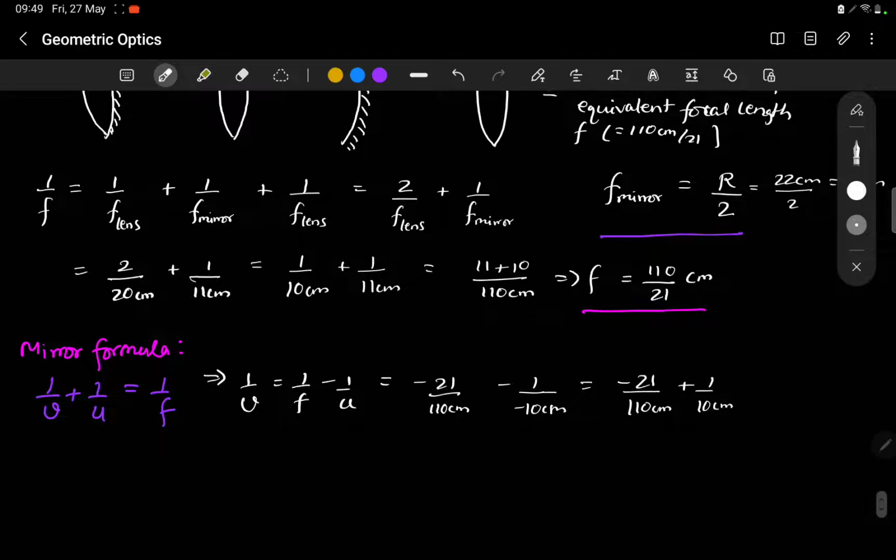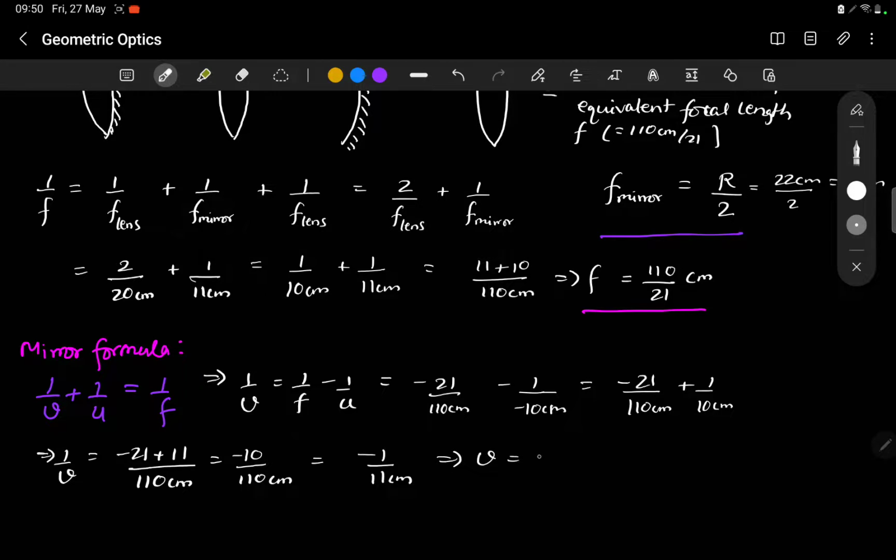So let us simplify it. This gives us the image distance as negative 11 centimeters.